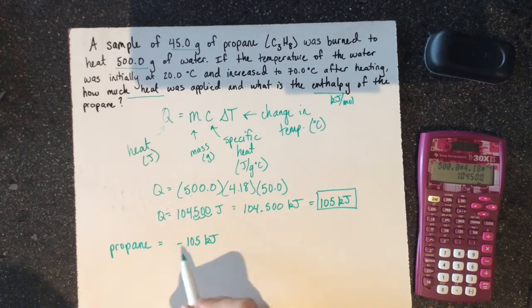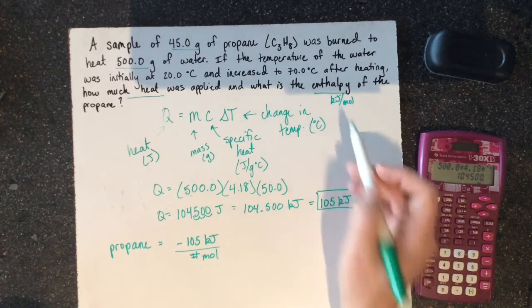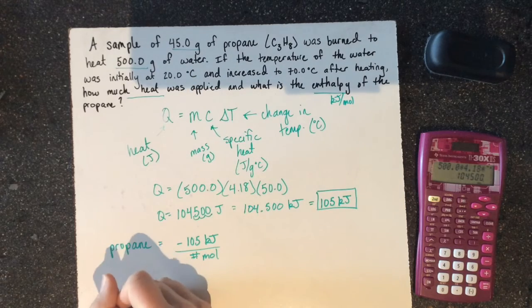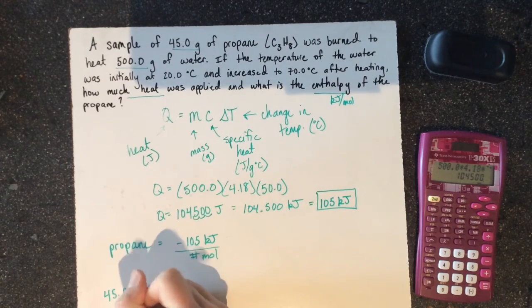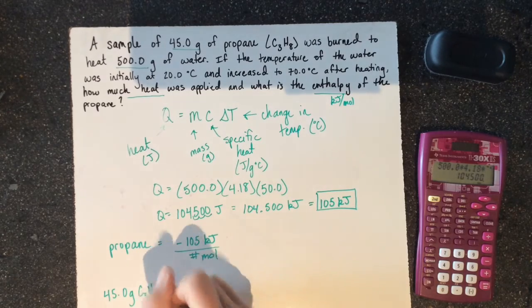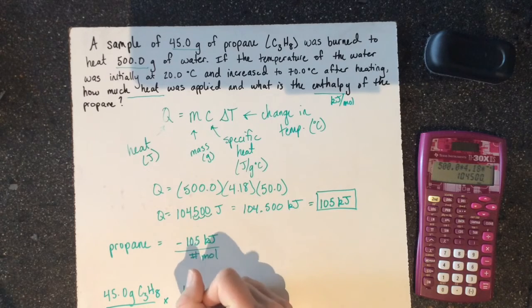And we need to divide by the number of moles. How are we going to get the number of moles to get the enthalpy? Because the unit for enthalpy is kilojoules per mole. To find the number of moles, that's where this 45.0 grams comes in. We take 45.0 grams of propane over 1 and multiply by the molar mass.